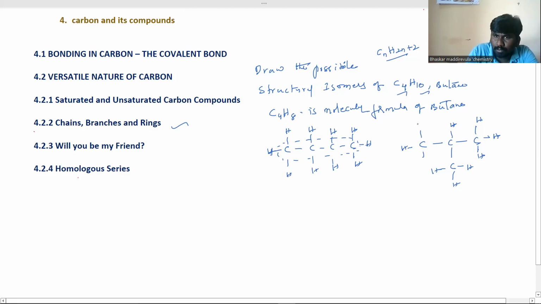Now see, both compounds have the same molecular formula, and they have different structures. In one place the structure is a chain compound; here it is a branched compound. Both have the same molecular formula but different structures. So we call them structural isomers. What do we call structural isomers?